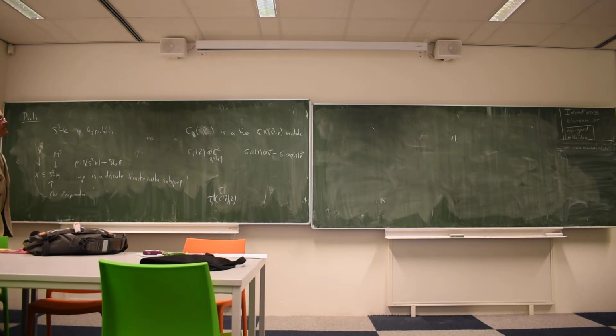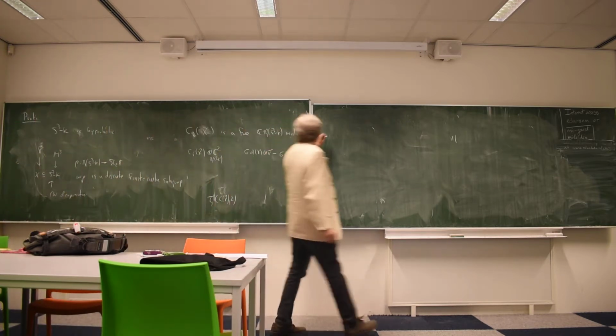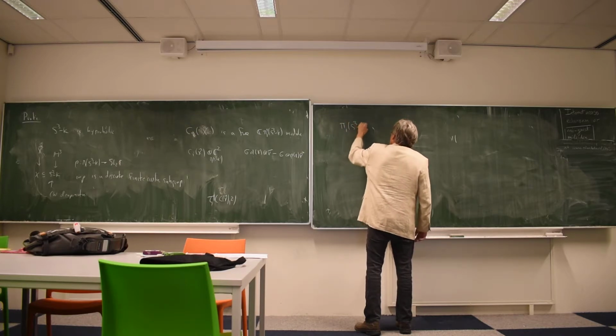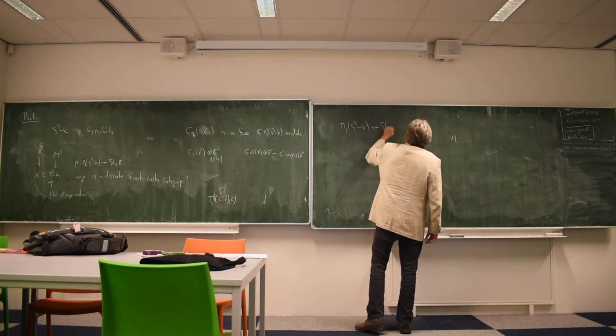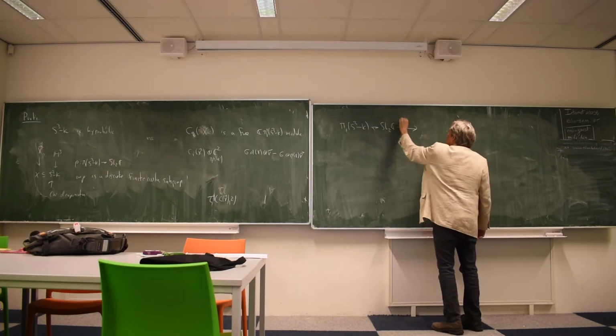That's fine. But now the idea is that you take the polynomial representation, pi 1 of S3 minus K to SL2C, and then you do the same thing you do with the colored Jones polynomial.